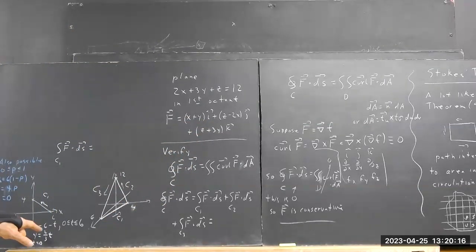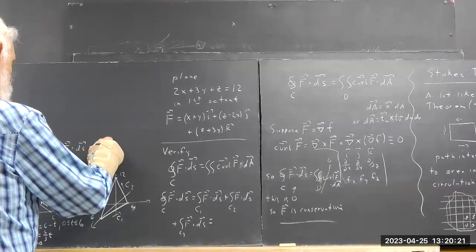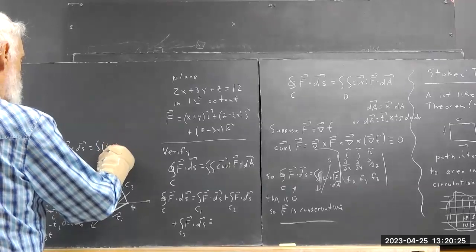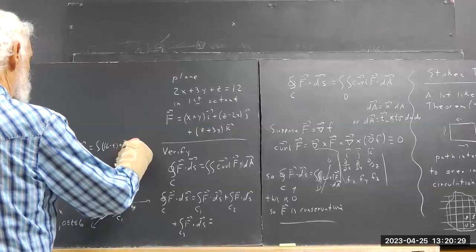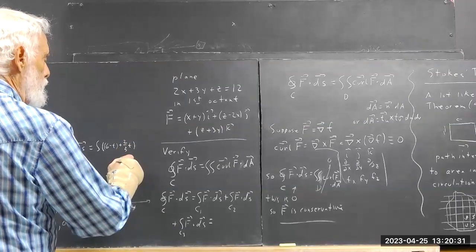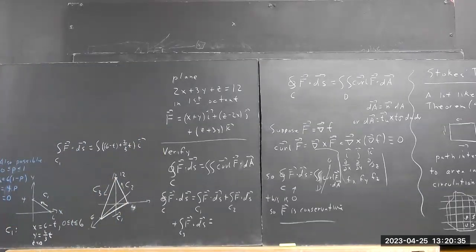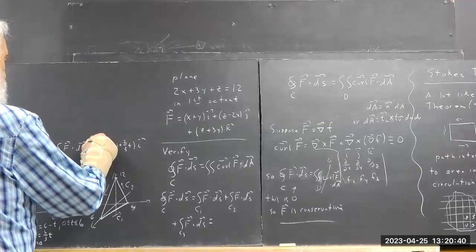Well, x plus y is this, and of course t is going from 0 to 6.